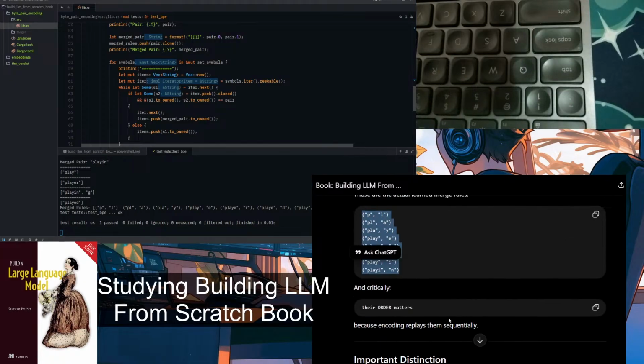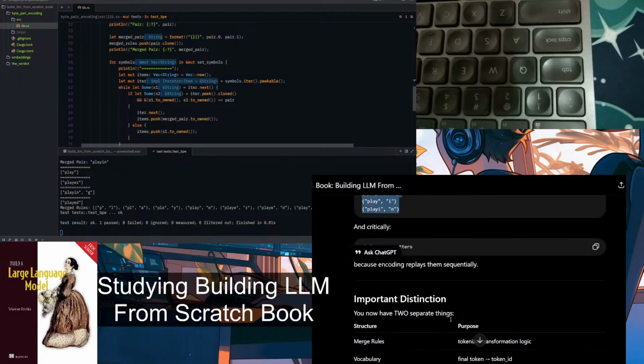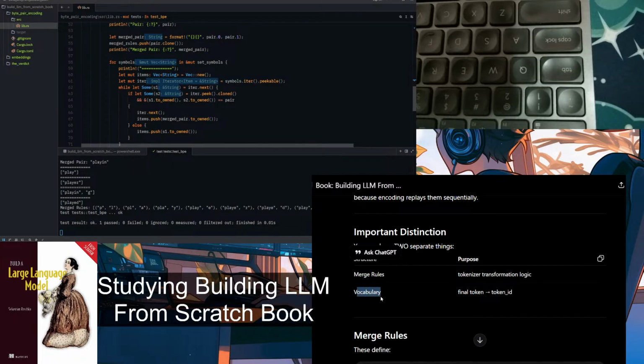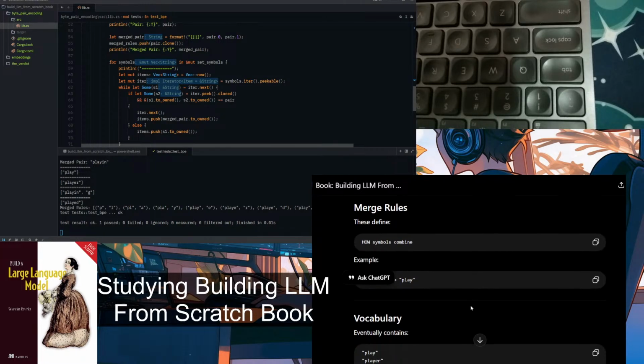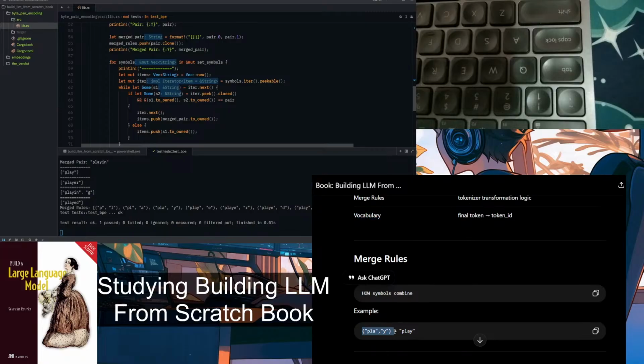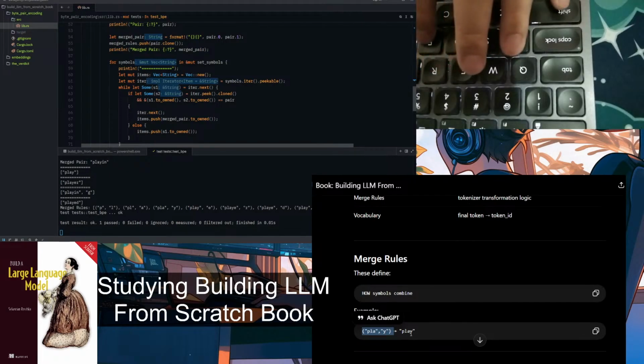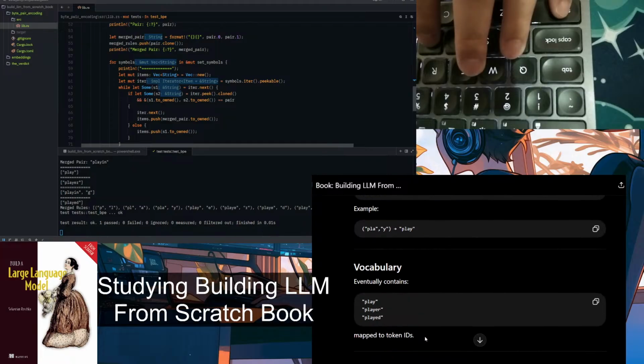Okay, so here, byte pair encoding replace. You have two separate things: merge rules, vocabulary, final token, token ID. Oh, okay. So I'm going to assign this one to token IDs. Example, PL, PLA equals play. Wait, I didn't understand that. To token IDs. Yep. So to add more challenge, I'm trying to convert the Python examples to Rust.